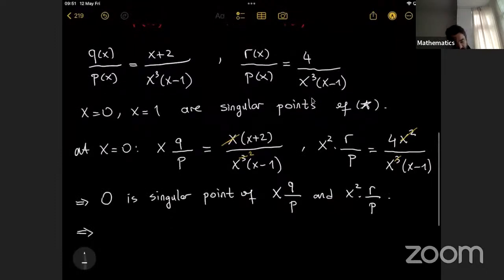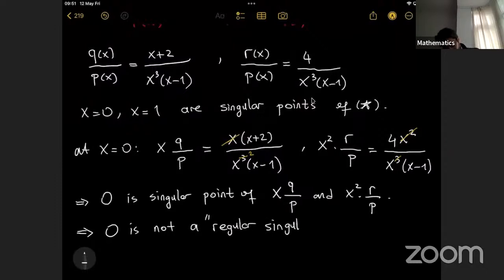That means 0 is not a regular singular point. So in that case, 0 is not a good point basically. It's the worst point you may have because it's singular and it's not regular singular.